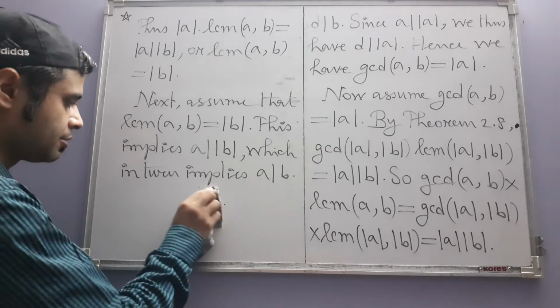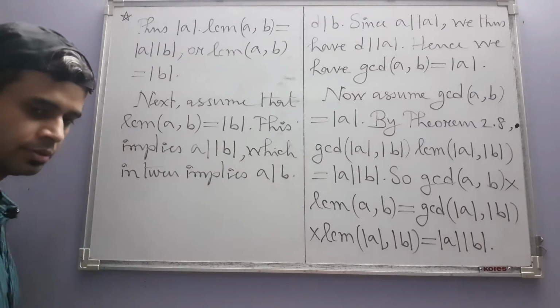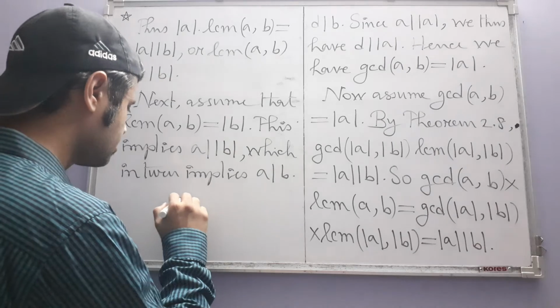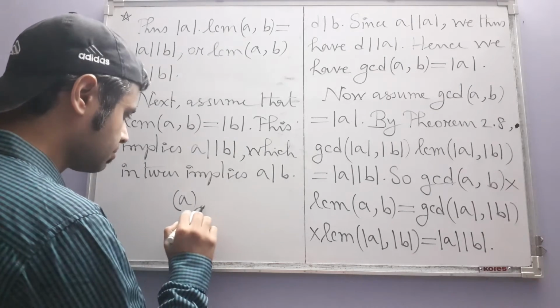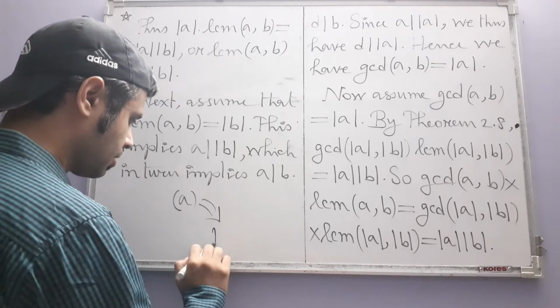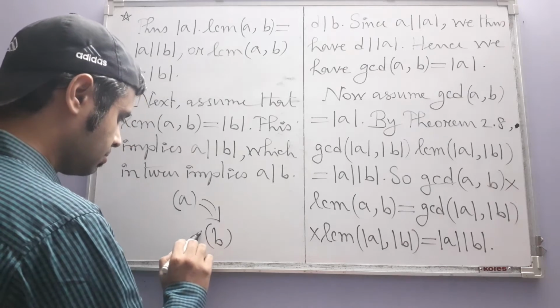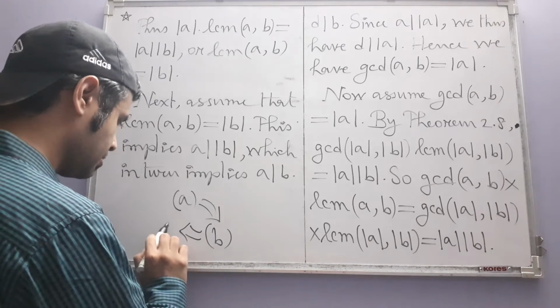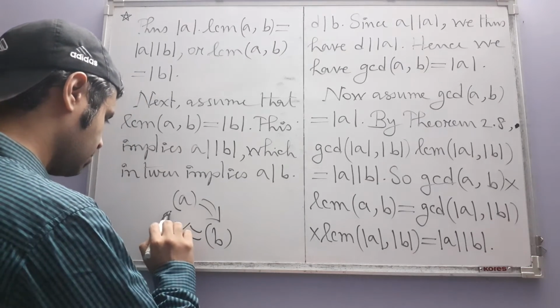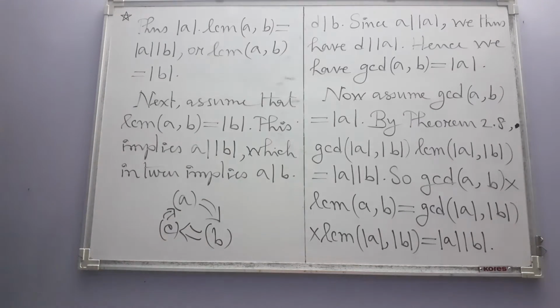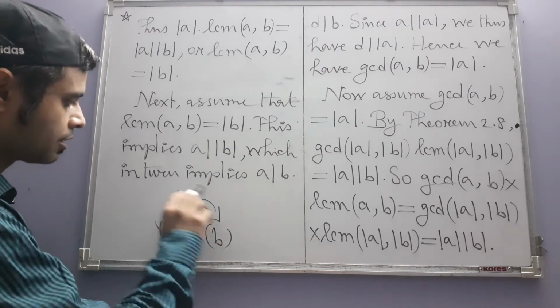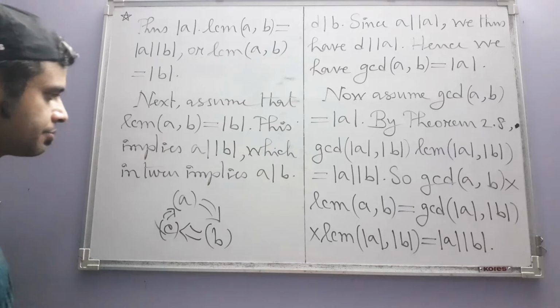So we have managed to show that this cycle is true. This implies B, then this implies C, and then C also implies A. So you start anywhere, you can go to the other two.